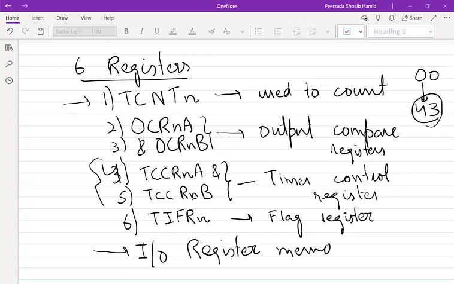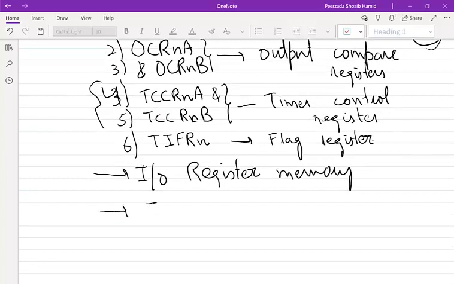Since they are part of input output register memory, we can use the instructions in and out with them, because you must remember that the instructions in and out, in for reading the data of a particular register and out for writing the data to a particular register, can only be used for those registers which are part of input output register memory. So basically, if I need to put a particular value in any of these registers, maybe TCNT0, I need to put a value, for example 25.